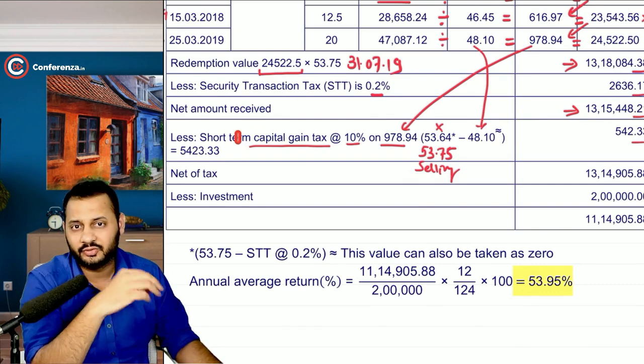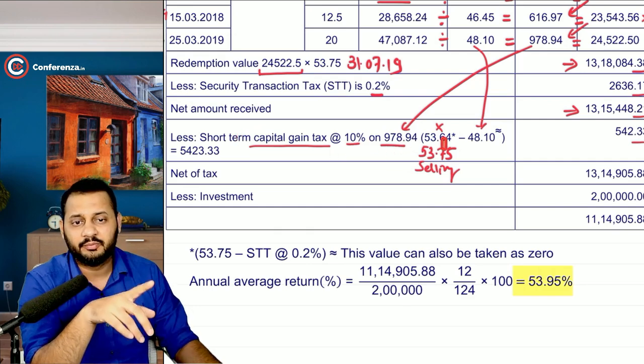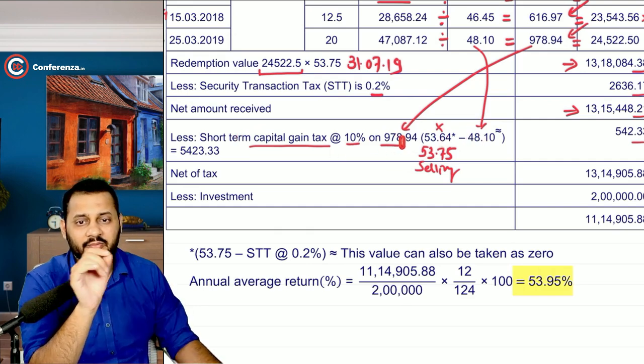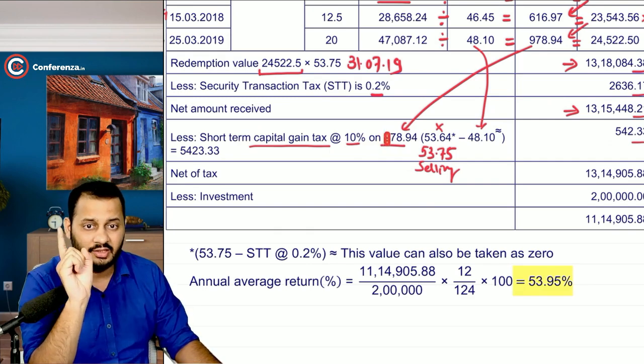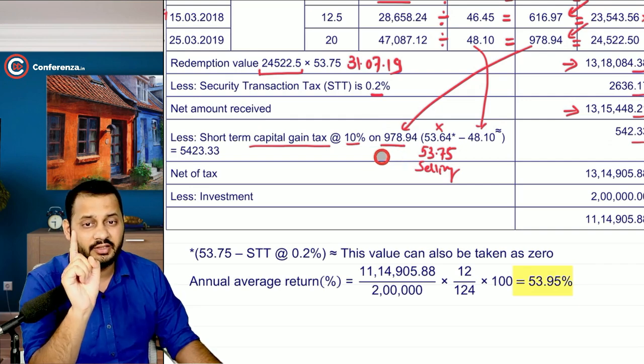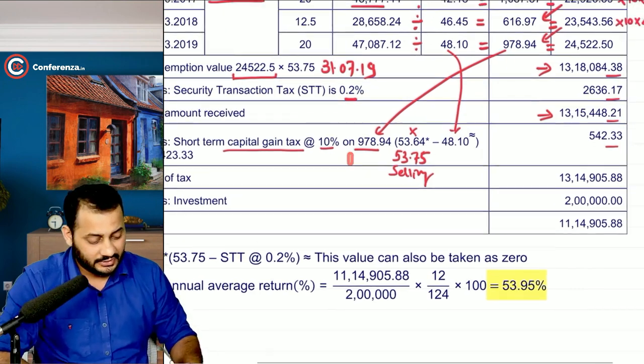You can just inquire through your direct tax teacher also, or the book if you have it, right? So 53.75 minus 48.10 will become the short-term capital gain for 1 unit. Multiplied by the number of units, 978, it will become the total short-term capital gain, and then multiplied by 10%, it will become the short-term capital gain tax that you will be paying.